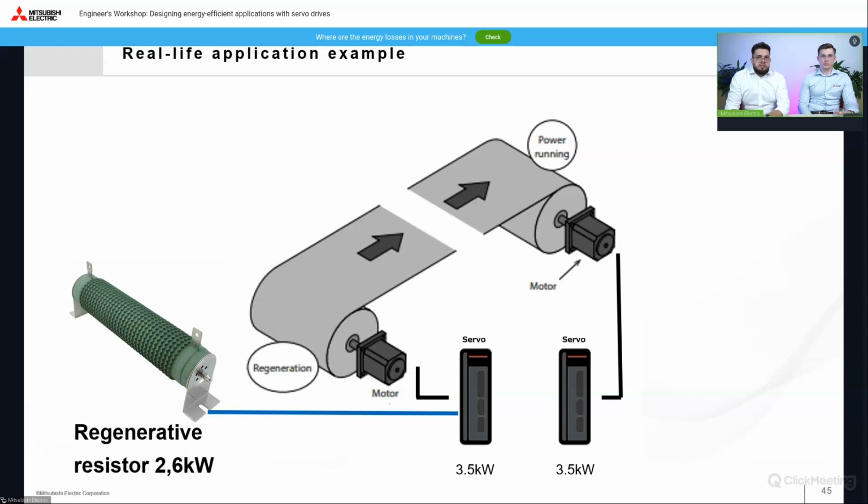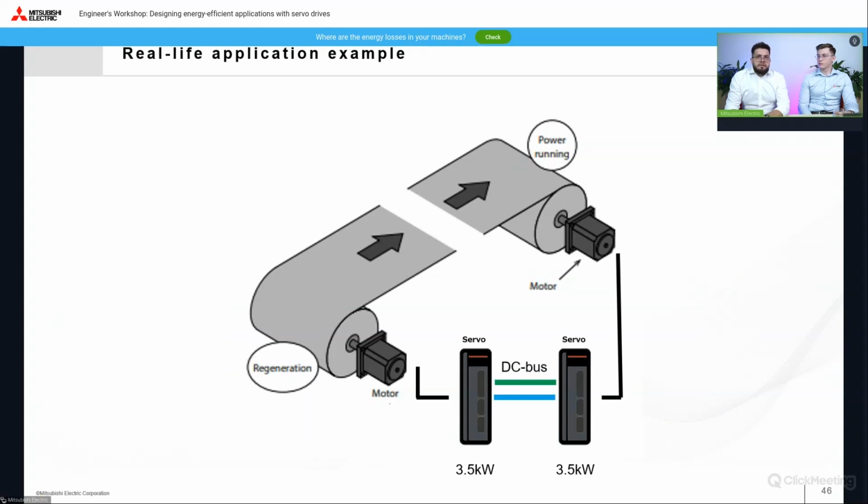And knowledge about that topic can inspire us to remove the external resistor and connect the drives via a DC bus connection, or even change the drives to a DC bus version to share the energy between each other. That solution can transfer previously lost power to the second amplifier and reduce the power consumption by the mentioned 2.3 kilowatts.